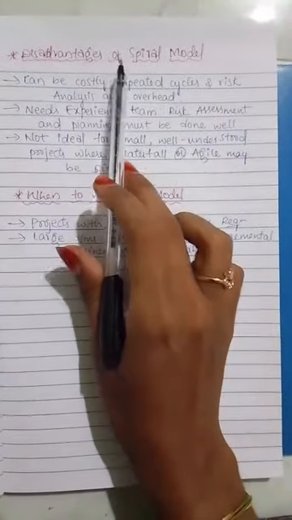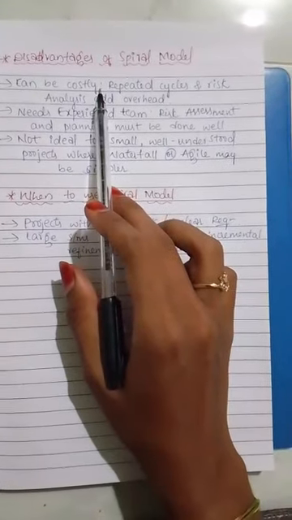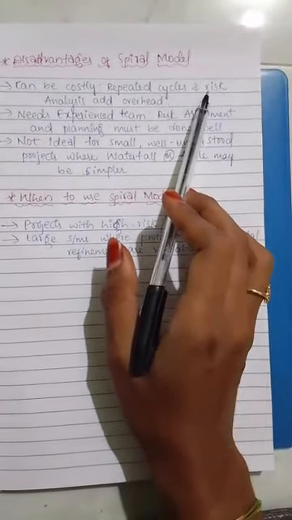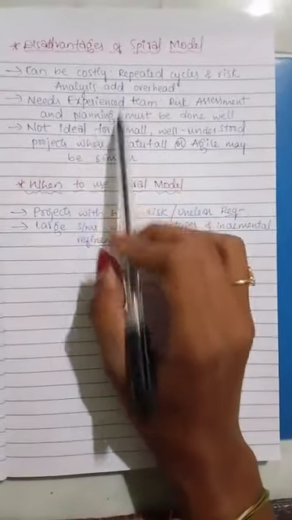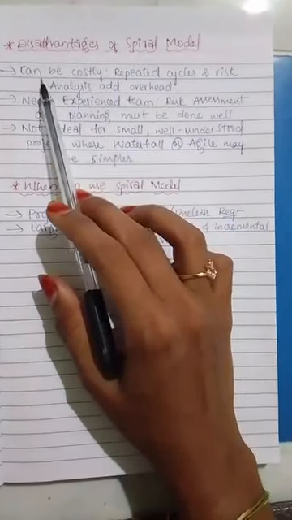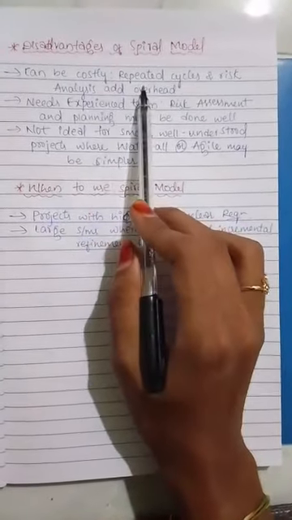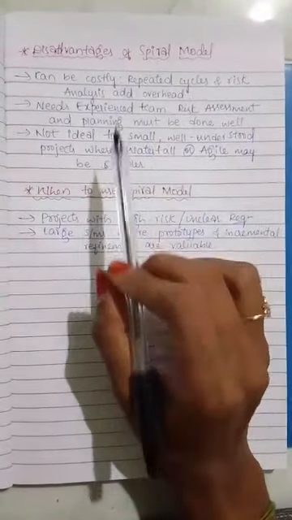We have disadvantages also in the spiral model. It can be costly. Repeated cycles and risk analysis add overhead because the risk is high in this spiral model. That's why it can be costly, and repeated cycles and risk analysis add the overhead.